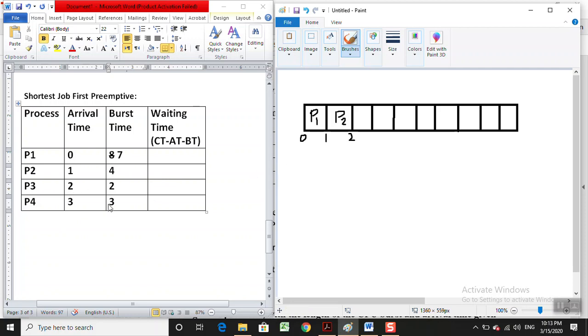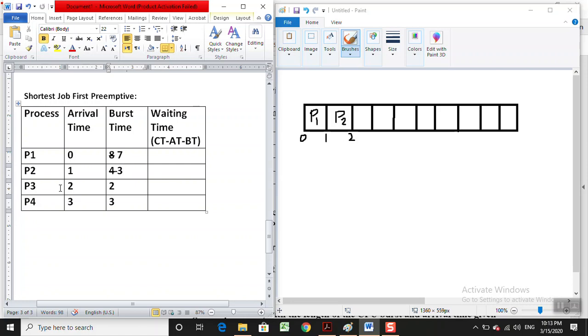Okay, now at 2 you can see here P2 has finished 1 millisecond. The remaining time here is 3 milliseconds. Now at 2, what is the burst time of P2? It's 3 milliseconds.